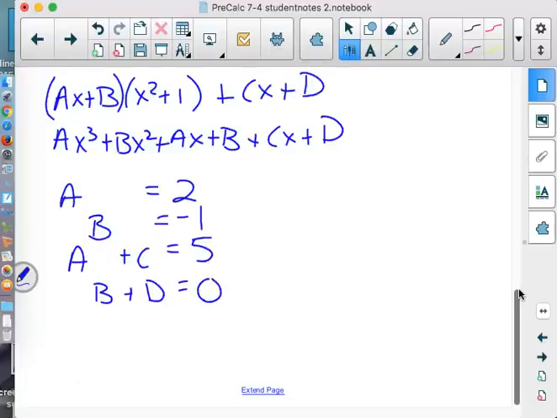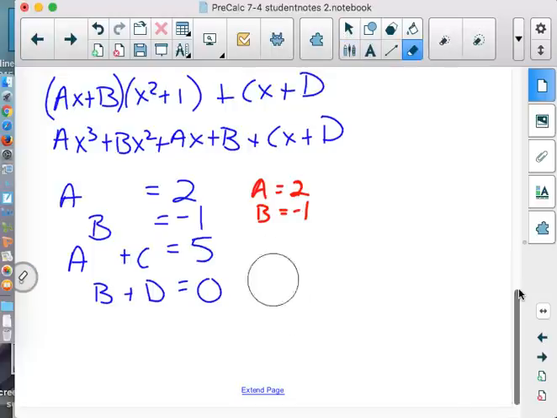I wouldn't do a matrix with this one. Does everybody see it? Yeah, this is going to go super fast algebraically because we already have that A is 2. B is a -1. And B plus D equals 0. Put the B in here. Go back after the A plus C, 2 plus 3. Give me that.